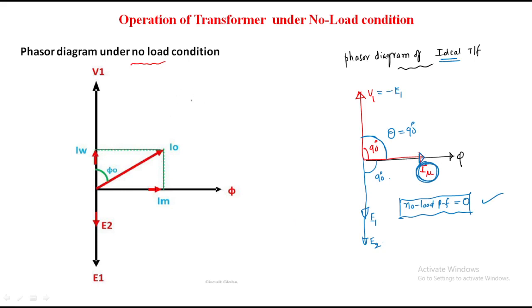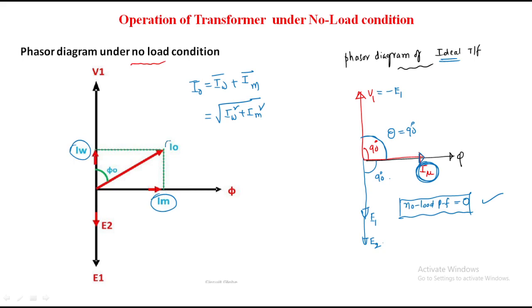In addition to that magnetizing component of current, we have the wattful component of current, that is I naught should be equal to the vector addition of wattful component of current and magnetizing component of current, which is the resultant of these two, that is the square root of IW square plus IM square. That's why this I naught is the resultant between this IW and the magnetizing component of current.